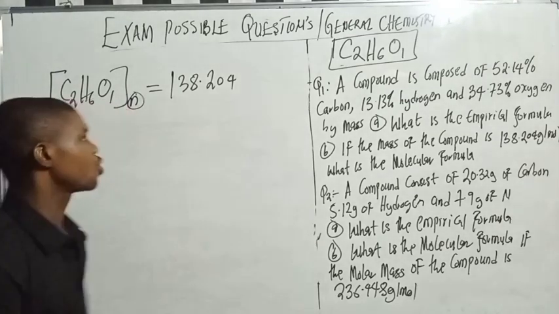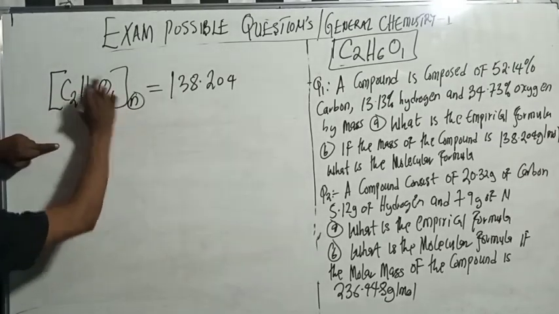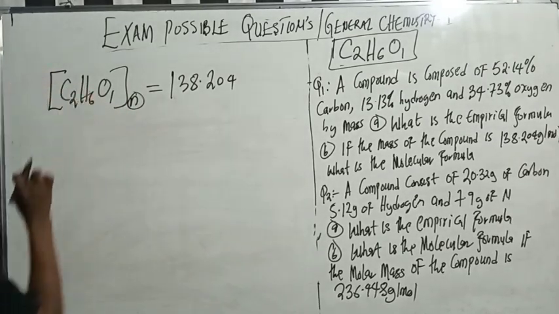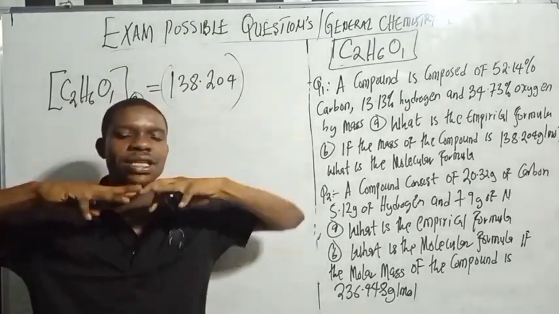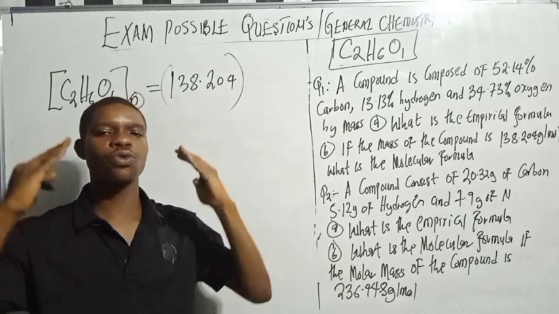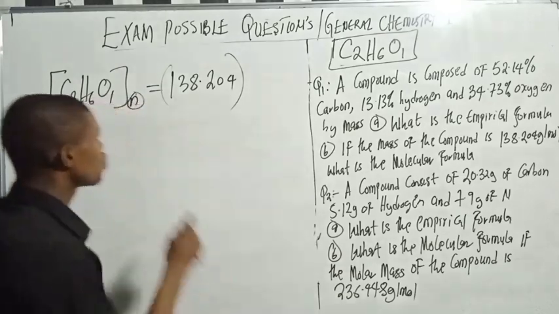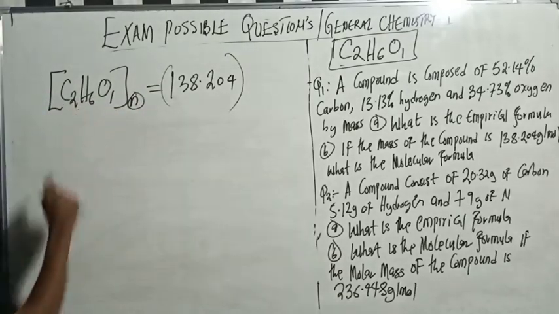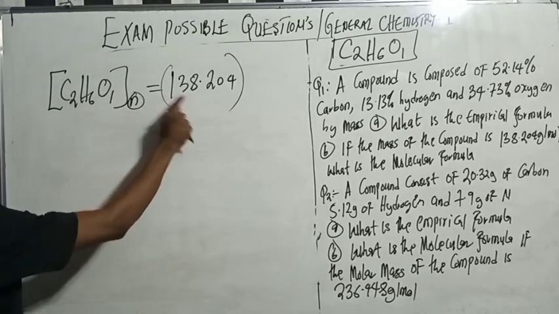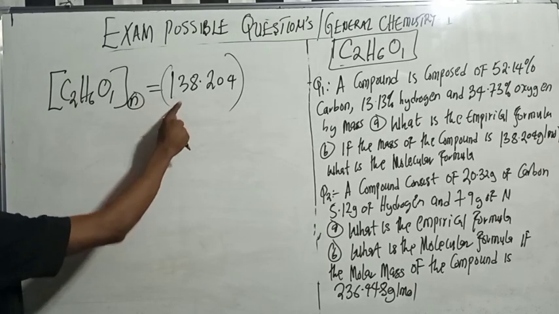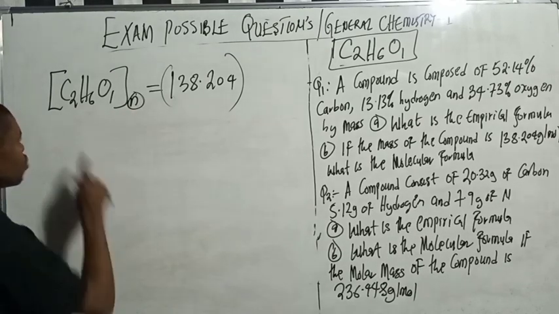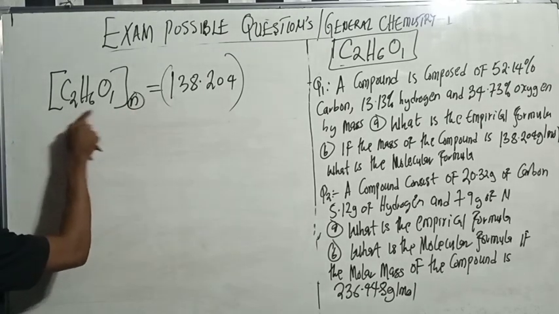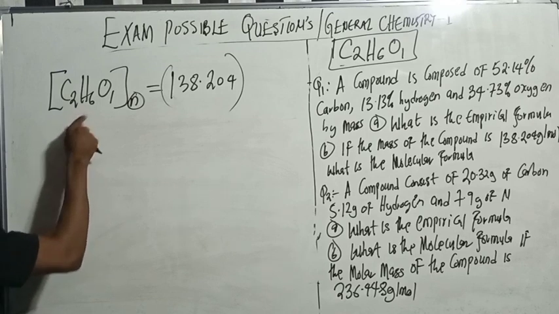So the next step is to calculate the molar mass of this empirical formula and divide through so I can get my n.